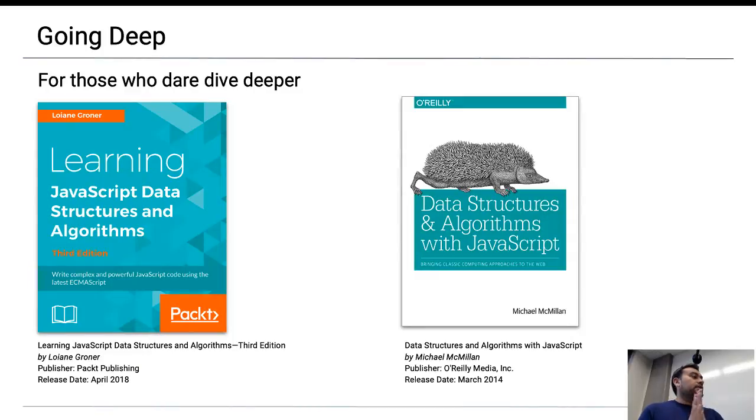All right, these two again. I'll be honest, I haven't read any of these books, but they've been recommended. So for those of you who would like to learn more from books, these are two recommended ones. The good thing about these is that they are in JavaScript. Usually you'll find books written in Java or C# or those languages, but these are written with JavaScript code.